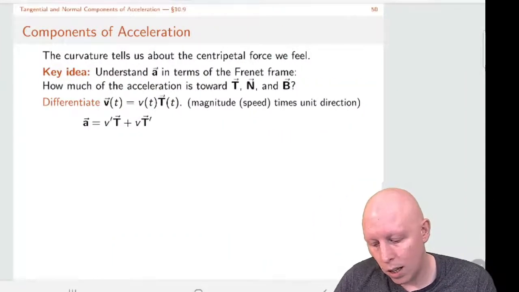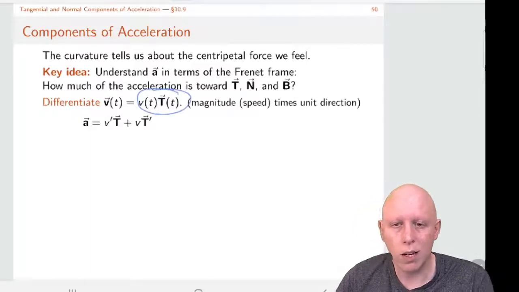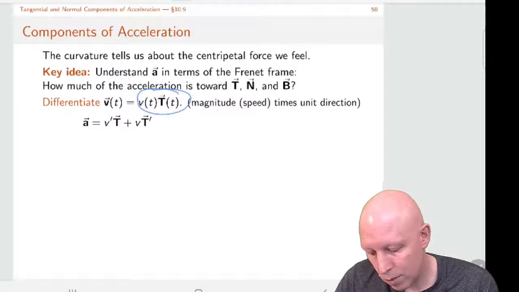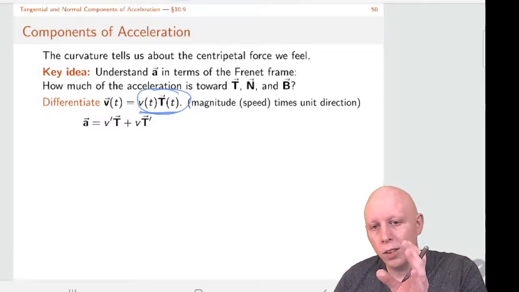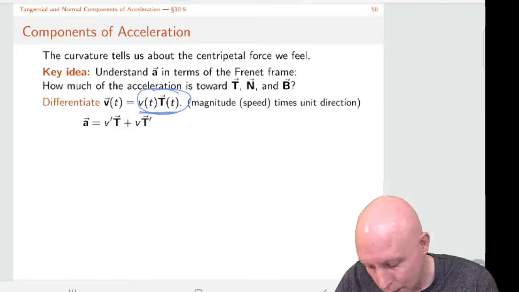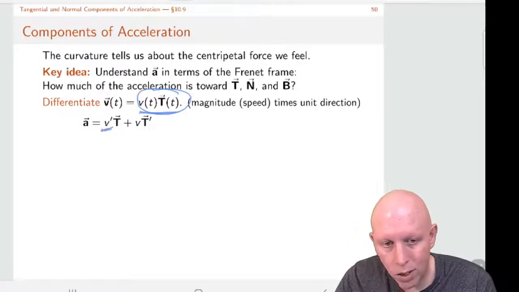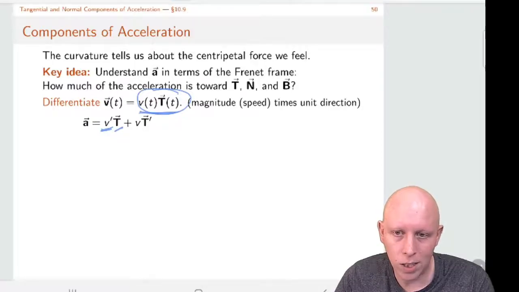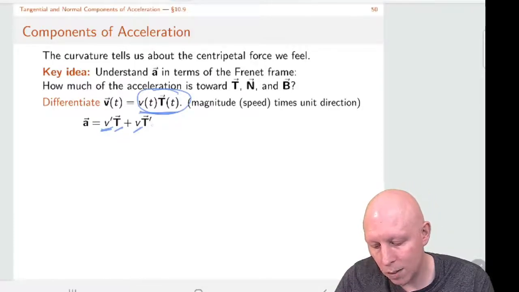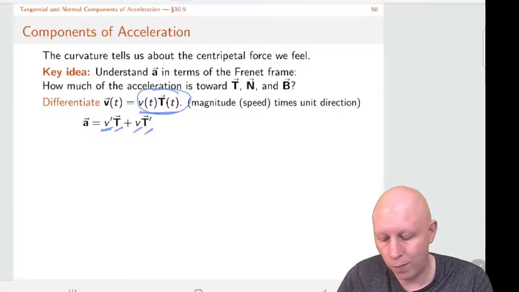So let's now take the derivative of v of t times T of t. We have to use the product rule for a function times a vector. You get the derivative of the speed times the T vector itself, plus the speed times the derivative of the T vector.